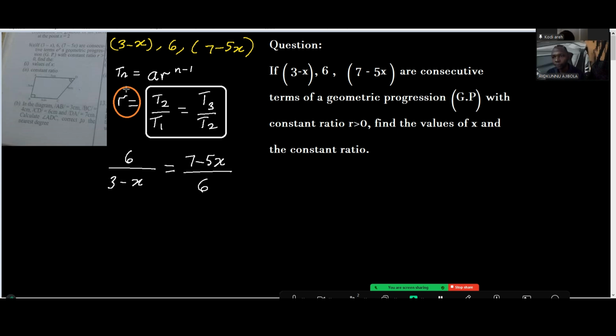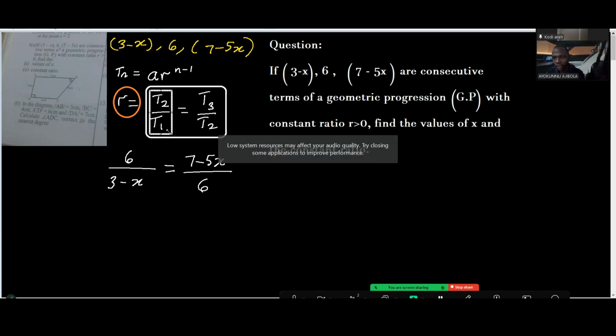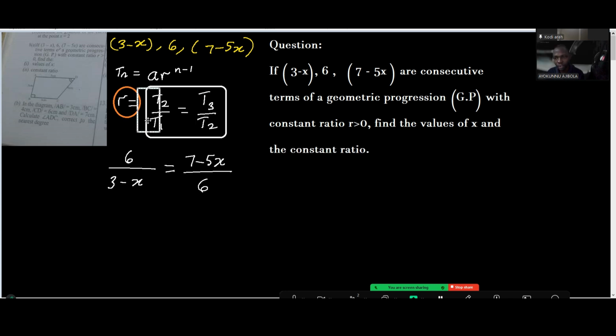Now, to get the common ratio, if you divide the second term by the first term, it will give you the common ratio. And it has to be the same with the third term divided by the second term. So T2 over T1 is the ratio, and T3 over T2 is also that ratio. Exactly. Yes, sir.